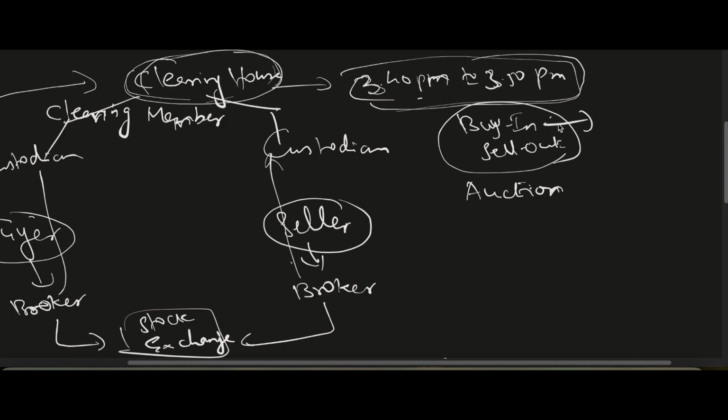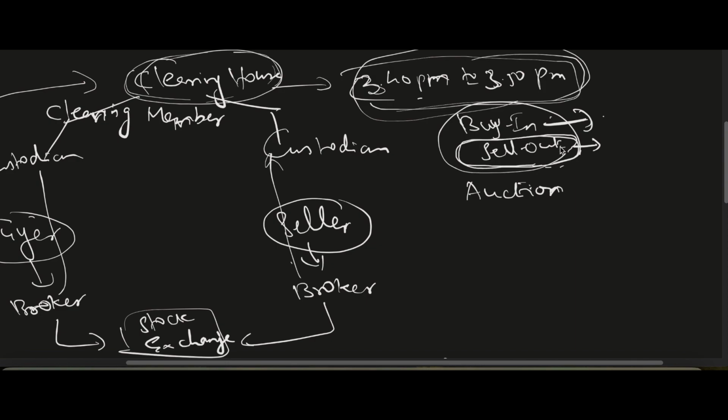So the clearing house will buy in from the market in this window, and then pass it on to the seller. Similarly, if the seller has any issues, the buyer is not going to listen, so the clearing house will sell out. They will sell those shares in the market and then pass them on to the buyer.